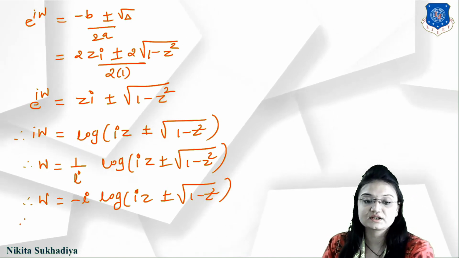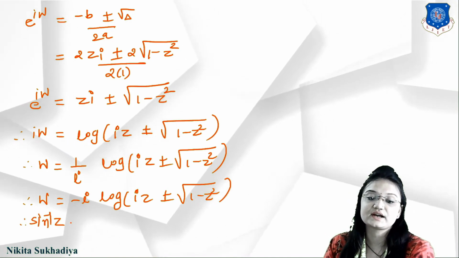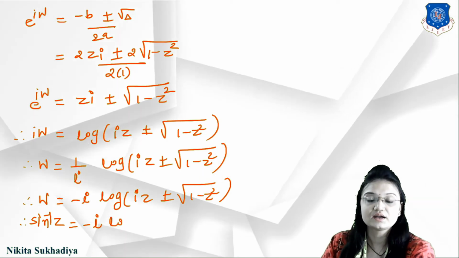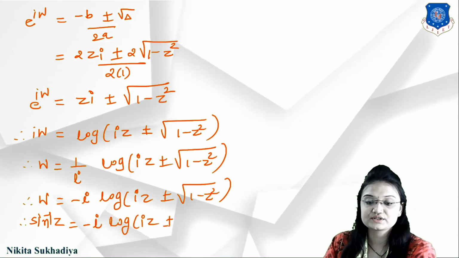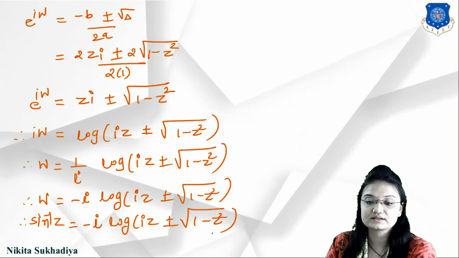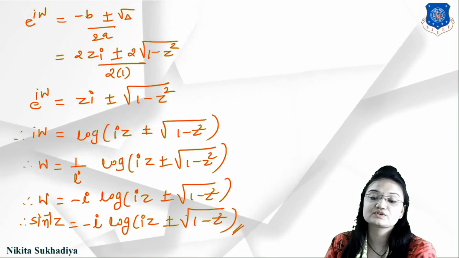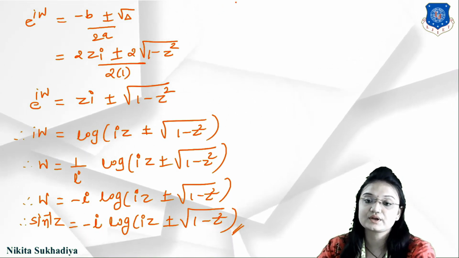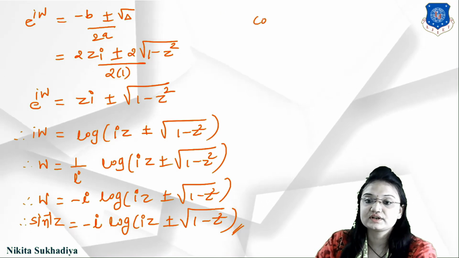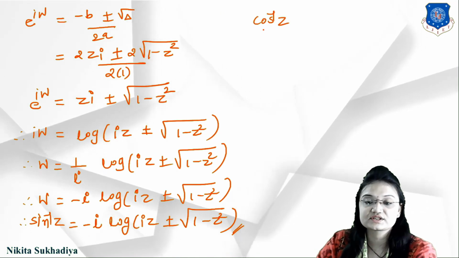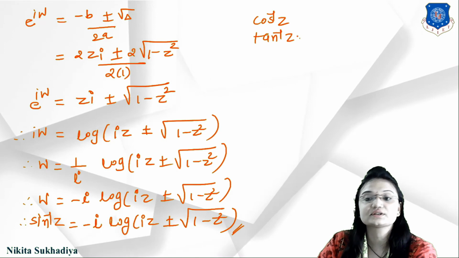So w, which is sine inverse z, is equal to minus i logarithm of iz plus or minus under root of 1 minus z square. So this is the equation for sine inverse z. According to this we will get the equation for cos inverse z and also tan inverse z.